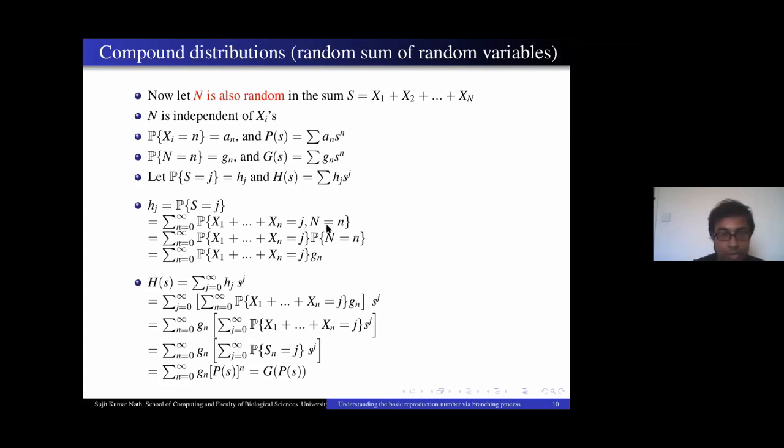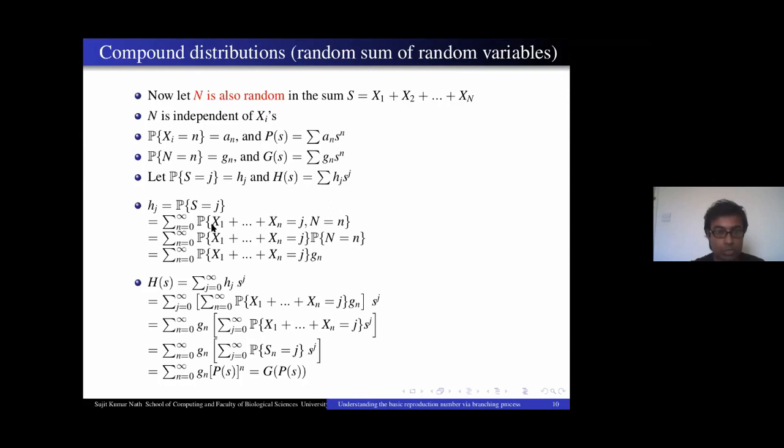So I need to sum up all the probabilities by running over capital N, because capital N can take values 1, 2, 3, 4, many values with some probabilities. So the probability of S equal to j is basically the sum of these mutually exclusive events. When capital N equals 1, we need to check when X1 equals j. When capital N equals 2, we need to check when X1 plus X2 equals j, and so on. So the sum of these events.